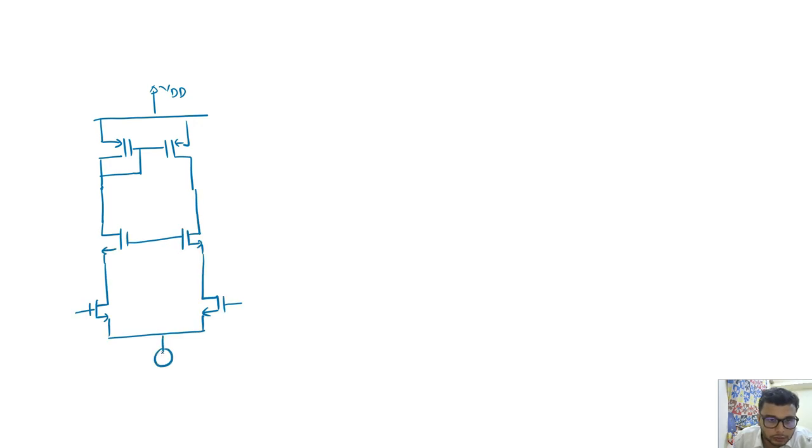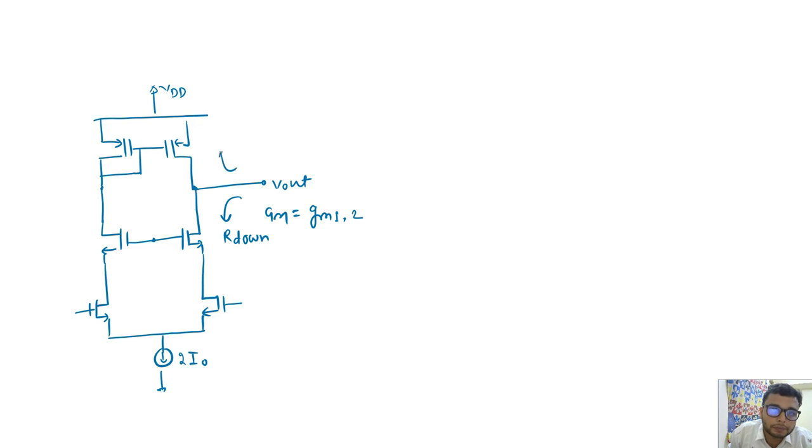On the load side, I consider the same PMOS current mirror, and on this side I have cascode devices on the input, with 2I0. Yes, these are the cascode devices. If we calculate V out here, I told you that GM is the same, so the overall GM is the GM of the input pair. Now for R out, we will see that there is this R down, and this is R up.